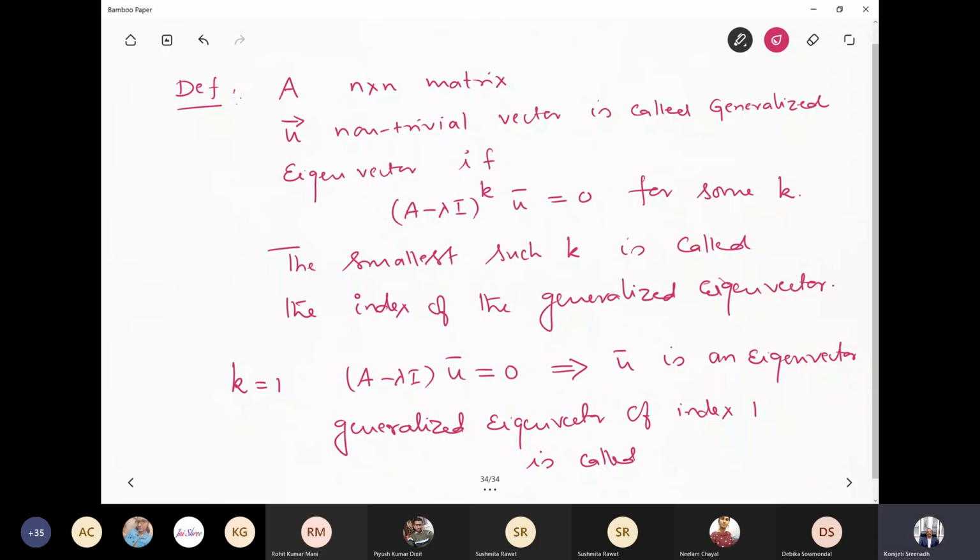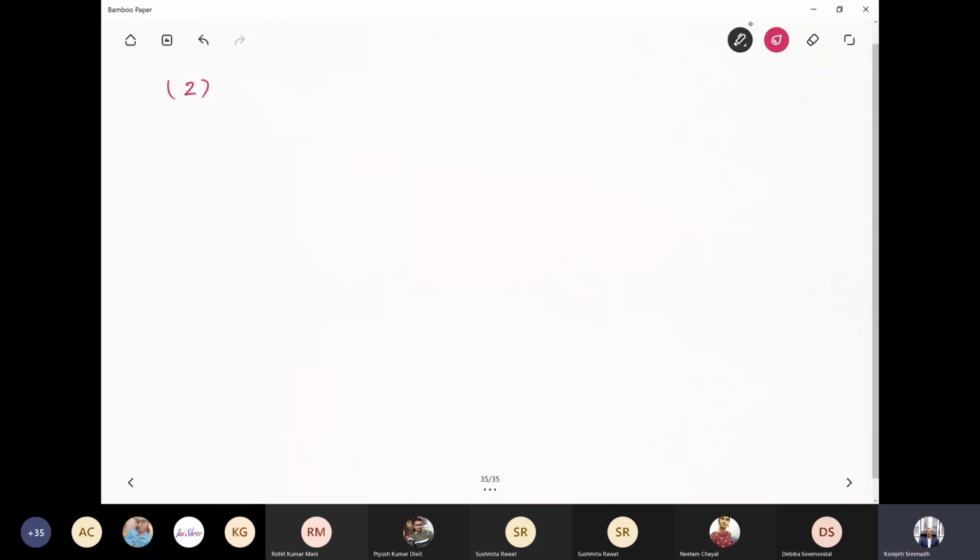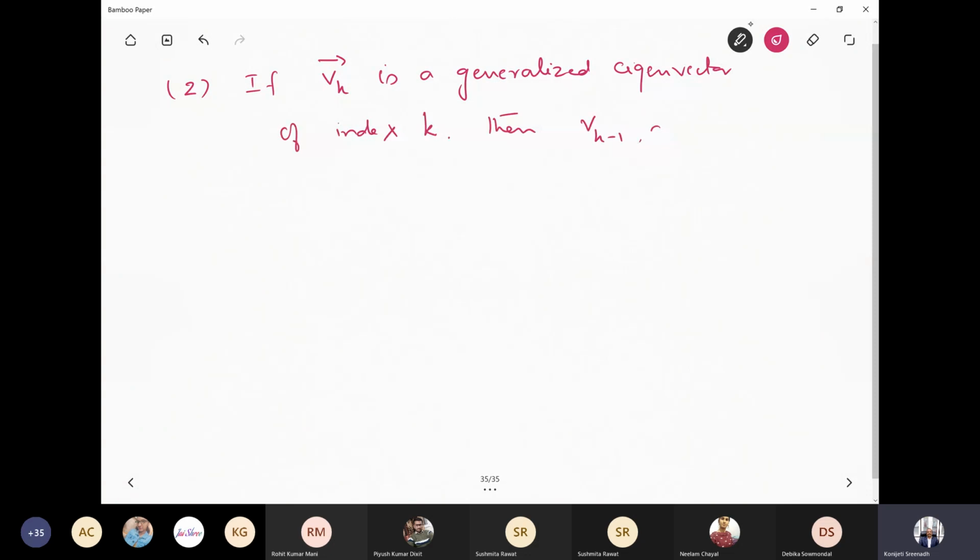So Vk is a generalized eigenvector of index k. We are defining Vk minus 1.